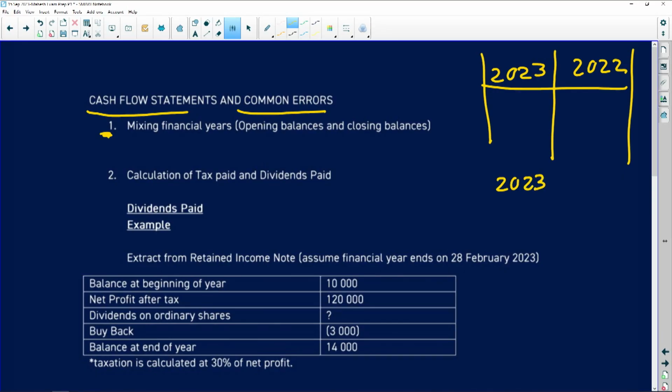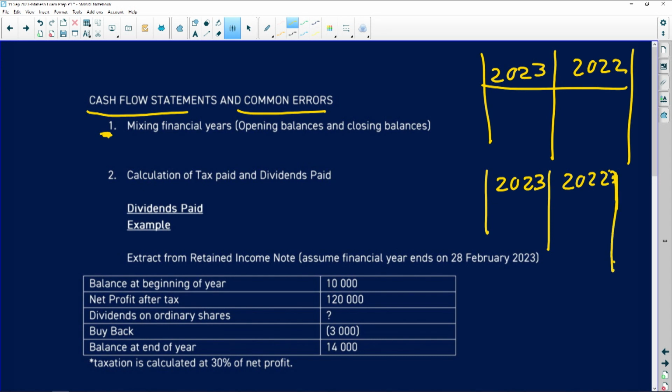Sometimes in your information booklet, they also give you the current financial year for the statement of comprehensive income, the income statement, as well as the previous financial year.